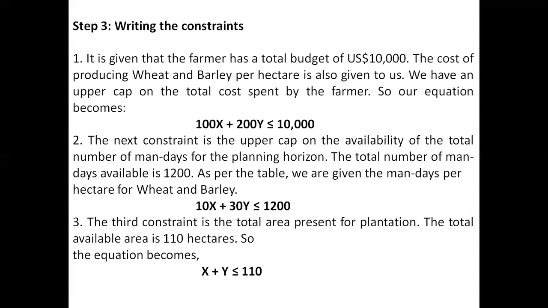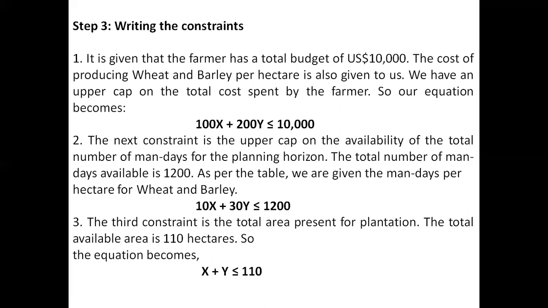X plus y less than or equal to 110. So hence we can conclude it is equal to 110. X plus y is definitely equal to 110, because the availability of land for growing both wheat and barley is equal to 110.